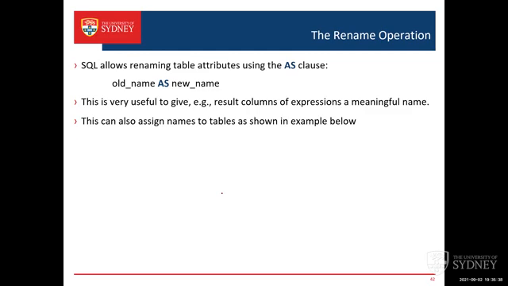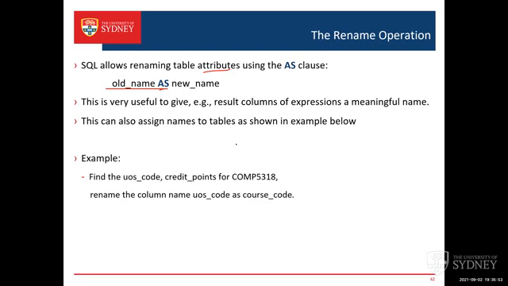Okay, rename operation. The simple keyword AS is the one that we are going to use to rename. We can rename two things, either a table attribute or the table. Let's say I have this query: find the unit of study code and credit points for this unit, and rename this column to course code.